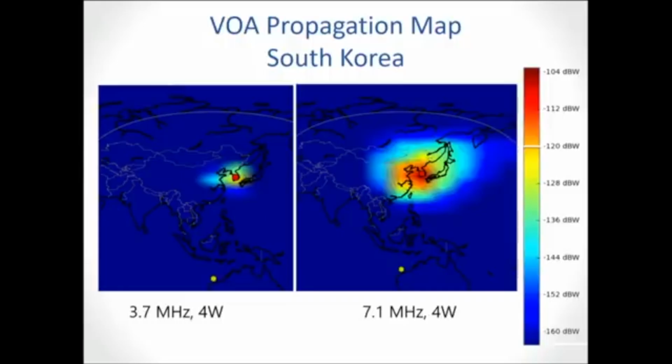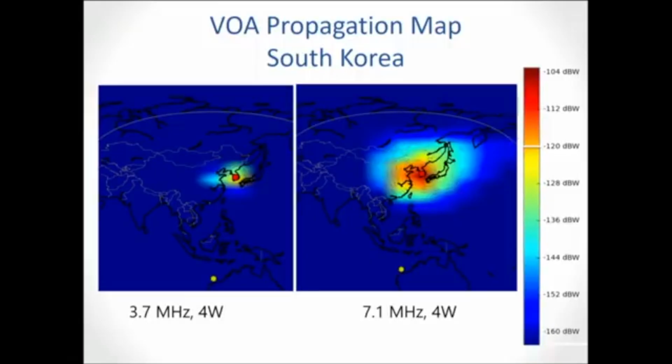Okay, so this brings us back to the signal propagation map. We saw from the previous table that it's feasible to operate an SPV client between -5 and 0 dB. And if we're assuming a noise floor of about -120 decibel watts, if we're broadcasting from South Korea, we can get a usable signal down to this orange yellowish region.